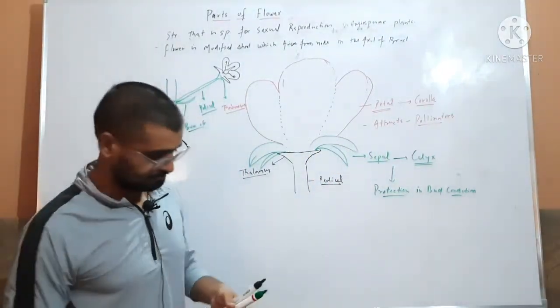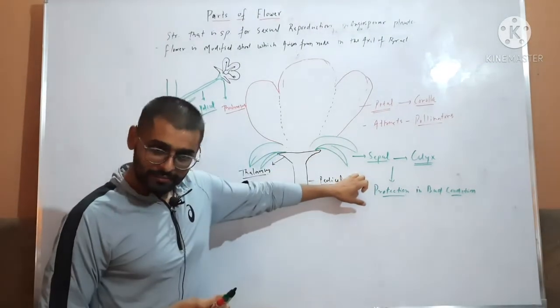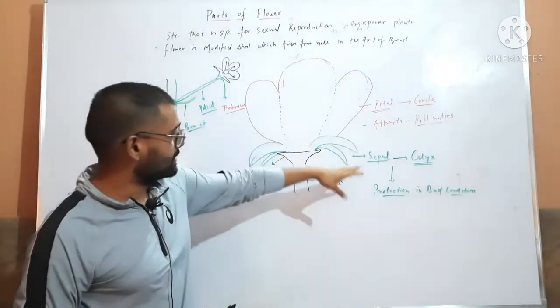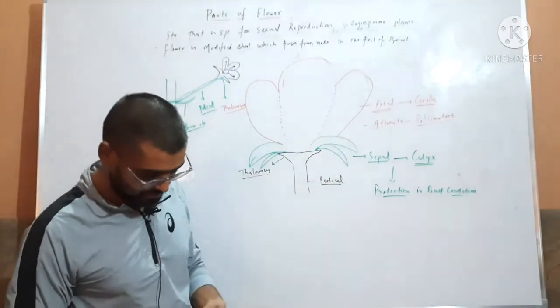Here we can see that calyx is green colored and corolla is brightly colored. So they are differentiated from one another.